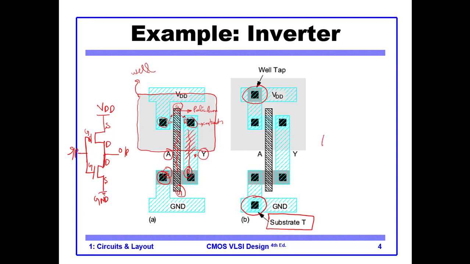So I told you about the fourth terminal. These are the fourth terminal, which is connected for the PMOS to VCC, and for the NMOS to the ground. Why do we have this connection? Because this is what the standard cell methodology tells us to do.